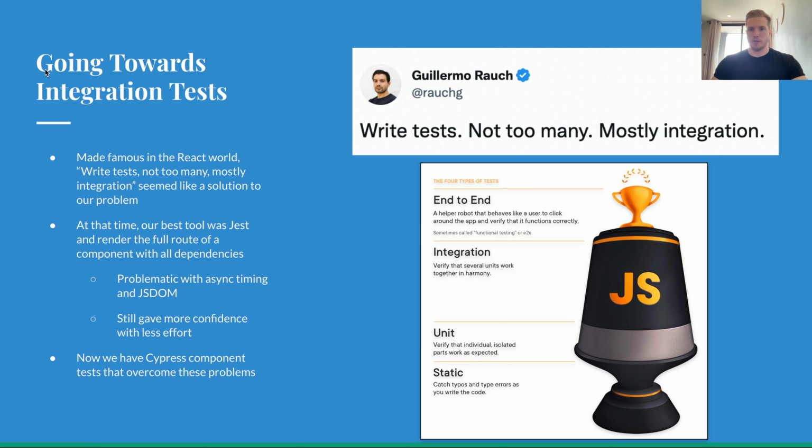And also there's all the asynchronous stuff where Jest is not retrying commands and assertions like Cypress would, as we're going to talk about soon. But it still gave more confidence and with less effort.